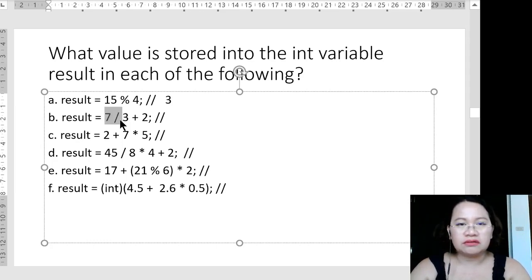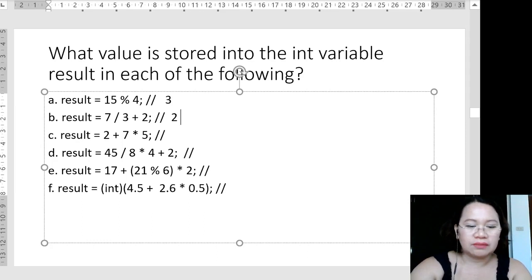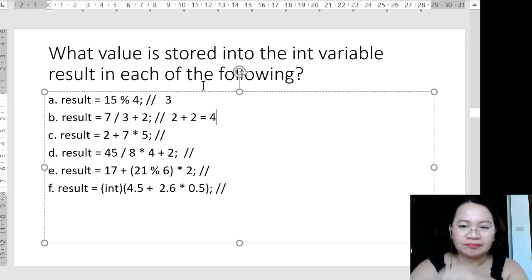So since 7 and 3 are both integers, it is important that you remember that when you divide numbers that are both integers, the result will always be an integer. So in this case, the answer is 2. Okay, 7 divided by 3 gives you 2, plus of course 2, so your final answer here is 4.